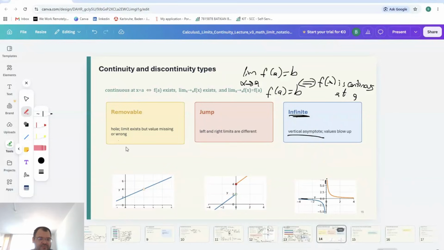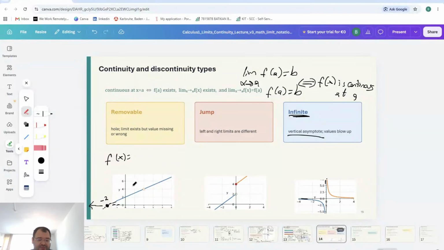So, for example, we have a removable discontinuity. We have this function. It is just behaving like a line apart from this point at 2. So this is probably 0, 1, 2, 3, and 2. It will have a point. It will cross the x axis at the point minus 2 probably, and you will have a function.